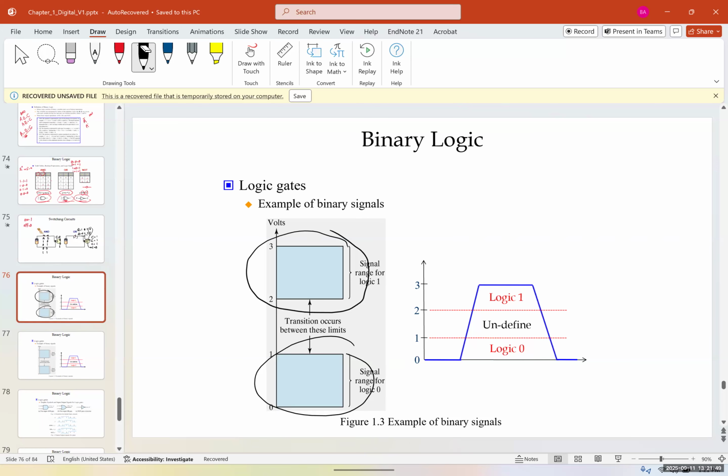So this here shows a transition when we have different inputs for different logic gates. We have the inputs here, X and Y. And if we have an AND gate, if X is 0 and Y is 0, X AND Y is going to be 0.